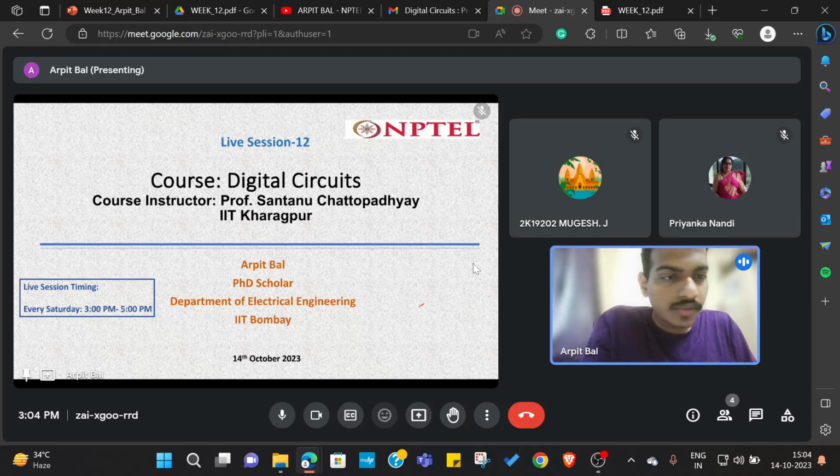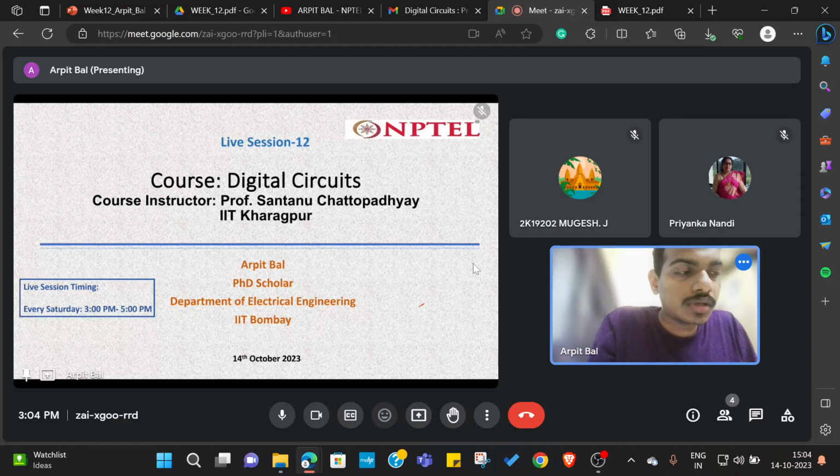Okay, I think we can start today's session, and meanwhile the other students can also join. In the previous lectures, what we have covered so far is the number system, then floating point representation, a few basic logic gates, then combinational circuits, sequential circuits, memories.